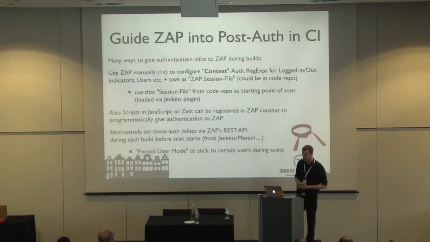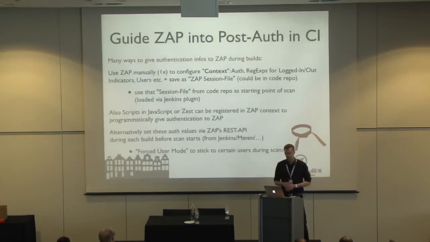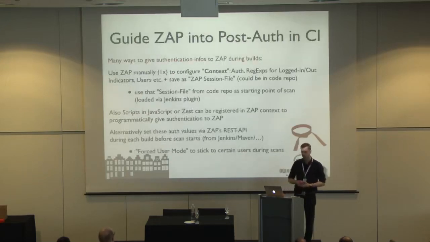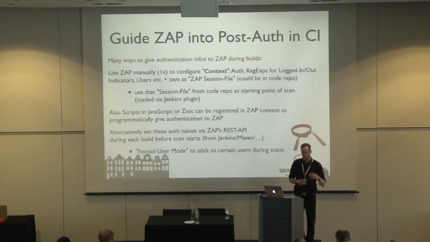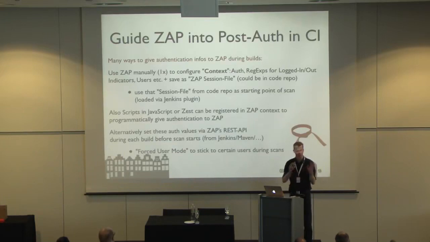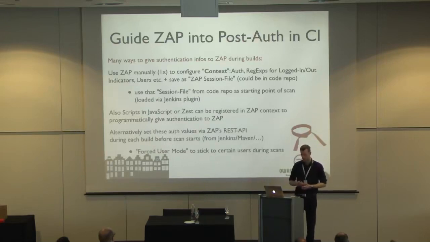So we can do this with ZAP, for example, in many ways. I present a few of these ways. One would be to initially define a context in ZAP. That's a very, very powerful feature. So if you haven't looked into the context capabilities of ZAP, I definitely recommend that to you. Within contexts, you can define certain aspects for a scan that you use in ZAP.